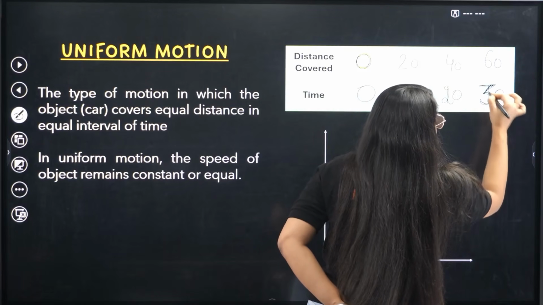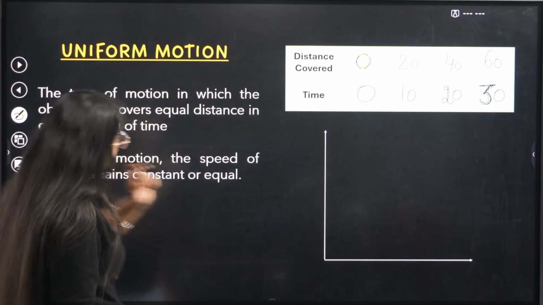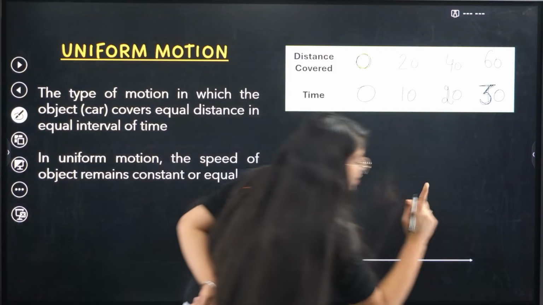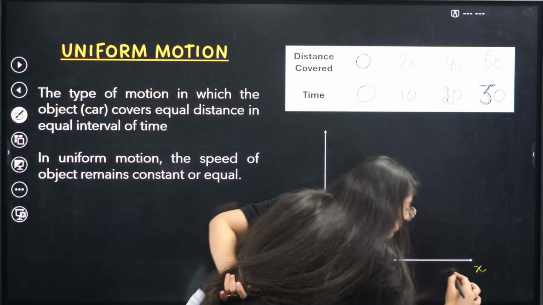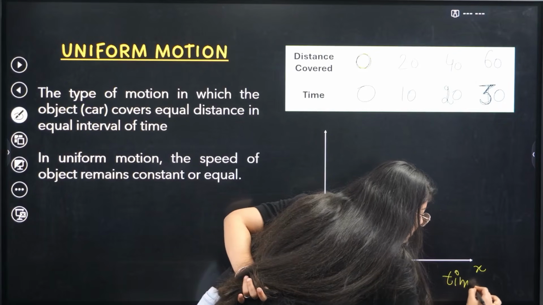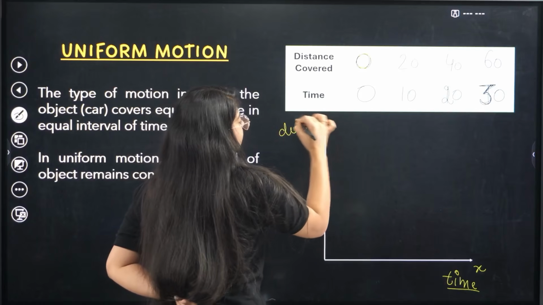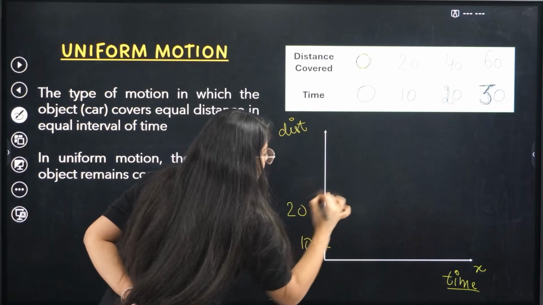So can you guys plot the graph of this? Now, on the x-axis, as you will definitely study in math, we will keep time, and on the y-axis we have distance.